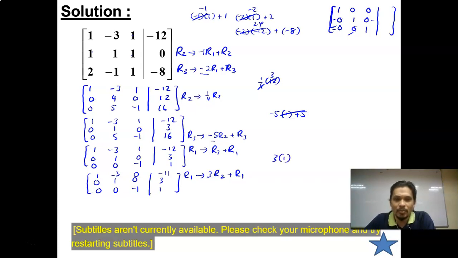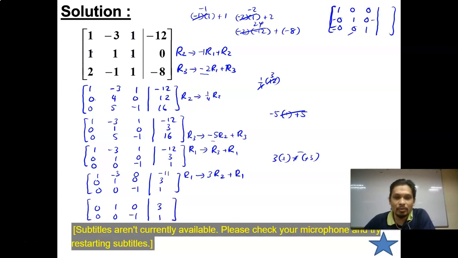So 3 times 1 plus R1. The element in R1 is negative 3, so 3 minus 3 is 0. This is an instruction for row number 1, so row 2 and row 3 did not change. So we read out again 0, 1, 0, 0, negative 1, and then 3, 1.